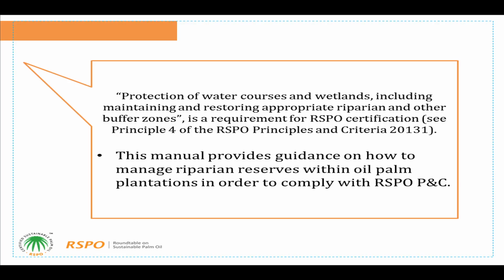This requirement is found in Principle 4. This manual will provide guidance on how to manage riparian reserve within oil palm plantations in order to comply with the RSPO P&C. In countries where there are no national guidelines, the companies will need to follow this guidelines document.